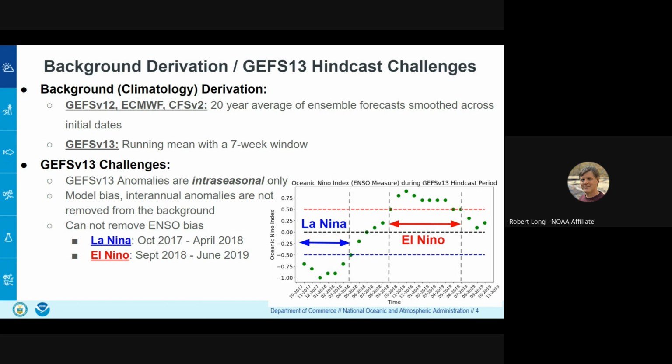One impact of this is that bias from the ENSO signal, for example, cannot be filtered out of the hindcast. The plot on the lower right-hand side shows the presence of both a La Nina signal as well as an active El Nino signal during our GEFS13 mini dataset period.